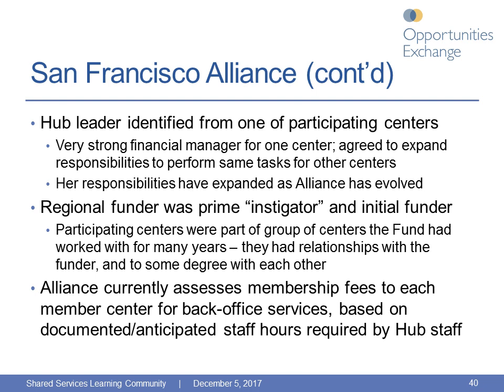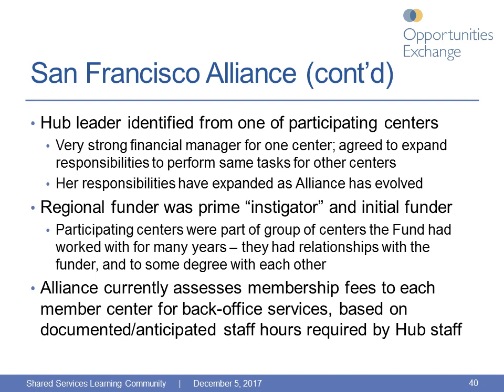Since then, her responsibilities have expanded both in terms of the types of activities that she is overseeing and also the number of centers in the alliance. The regional funder, the instigator or incubator of the alliance, as I mentioned, was a regional funder, the Mimi and Peter Haas Fund, and the initial participating centers were part of a group of centers that the fund had worked with for many years.